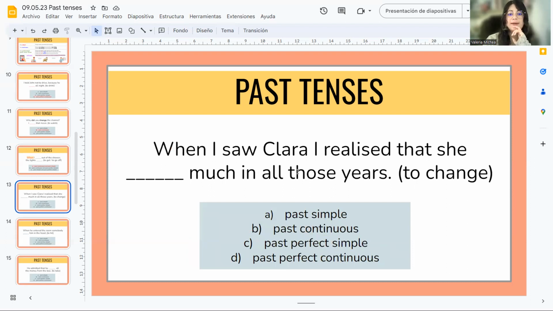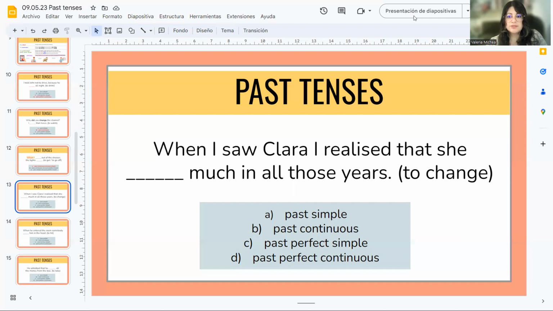I have this one: When I saw Clara, I realized that she, something, much in all those years. Again, we have 4 options: past simple, past continuous, past perfect simple, and past perfect continuous. I'm going to start the poll like I did last class, and we can start sharing our answers.